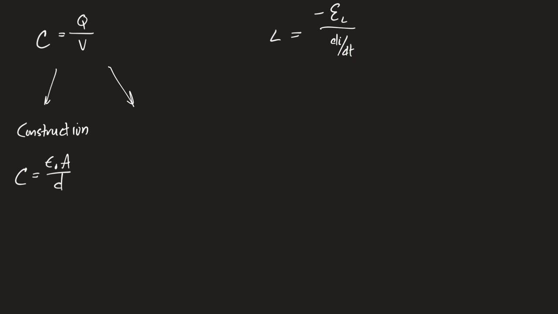We would derive these things based on the construction of a capacitor. Then we went and put it in a circuit. We solved this for V. We placed it in a circuit with other circuit elements. And we applied Kirchhoff's laws to this circuit to see how the circuit would behave.